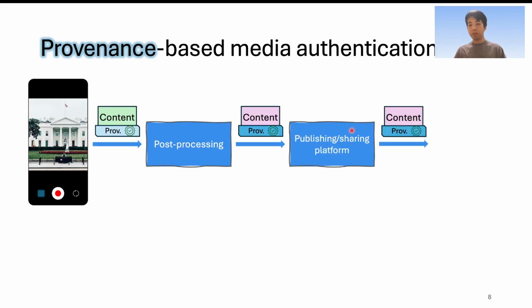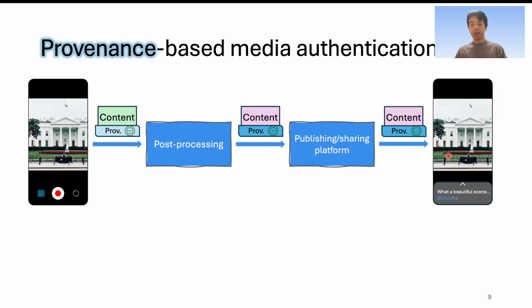And then there might be some more updates for the content and provenance information during processes such as publishing on a sharing platform. And then finally, the viewer can look into the provenance information and authenticate the content.